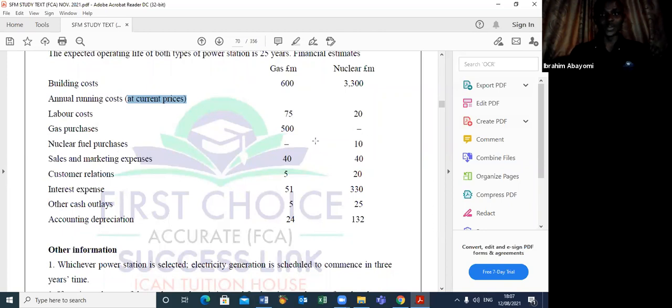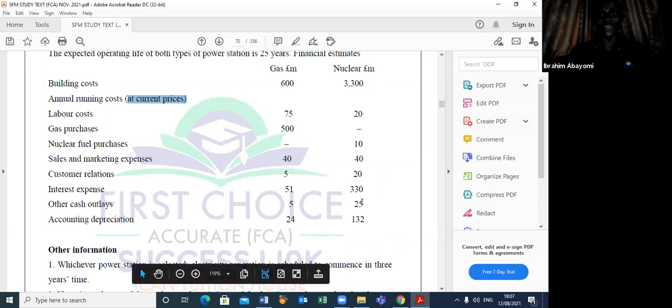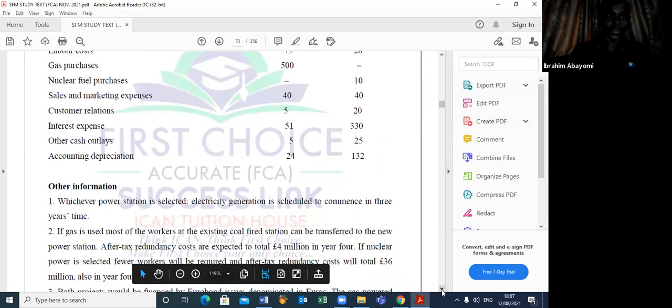Nuclear purchases, nothing for gas, 10 for nuclear. Sales and marketing expenses, 40. Customer relations, 5 for gas, 20 for nuclear. Interest expense, 51 for gas, 330 for nuclear. Other cash outlay, 5 for gas, 25 for nuclear. Accounting depreciation, 24 for gas, 132 for nuclear. Okay, other information.